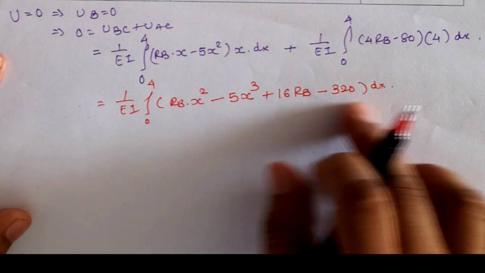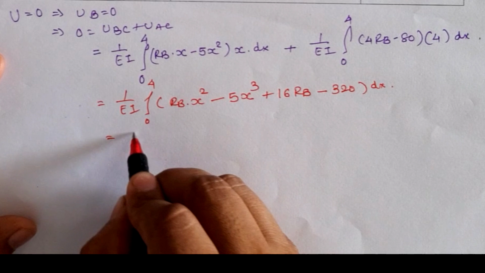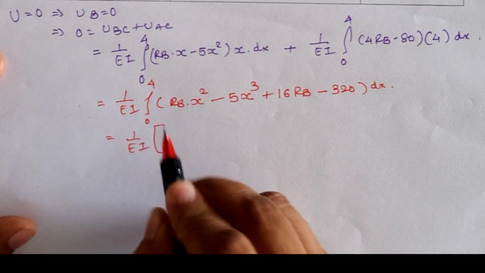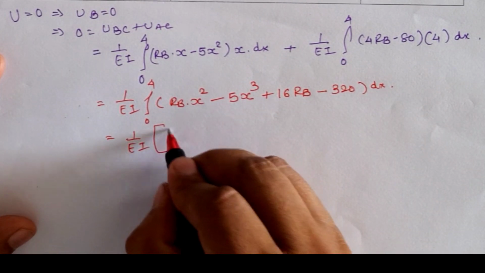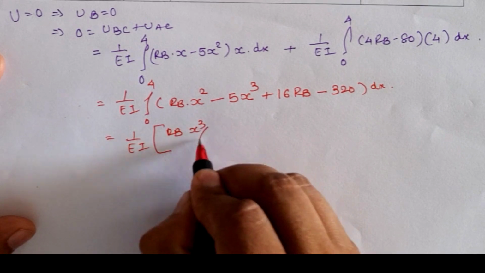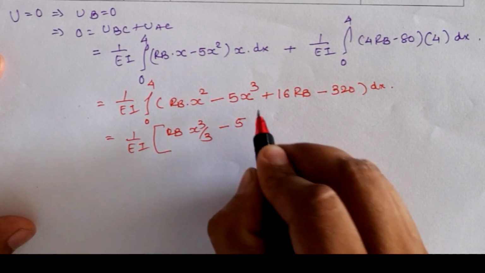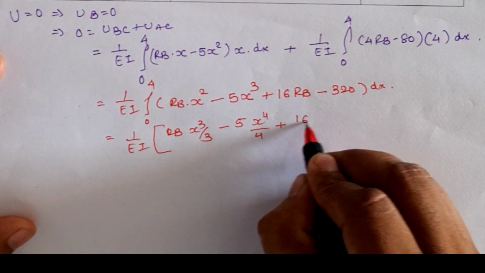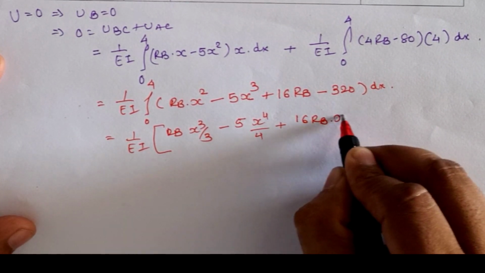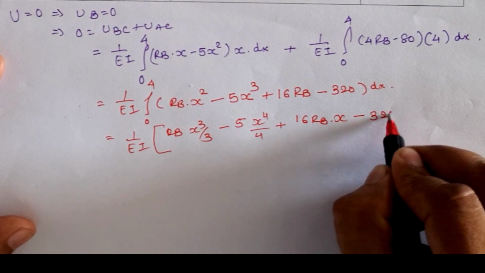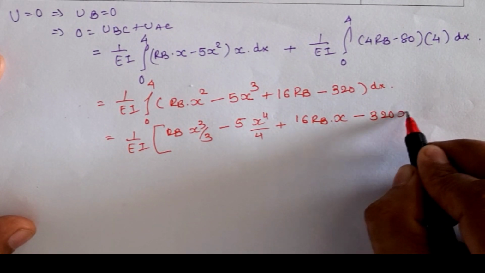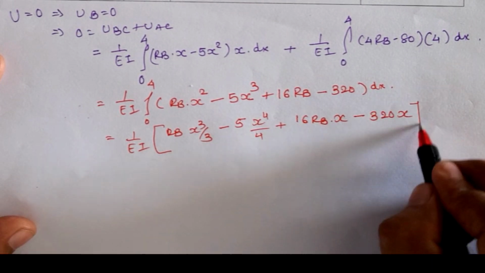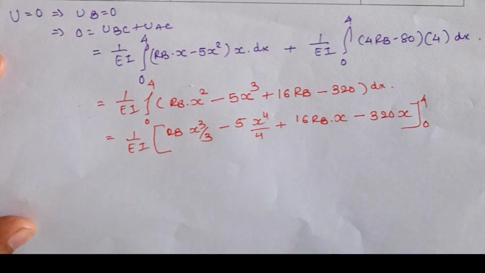Now integrating this term with respect to dx, we have RB into x square dx as RB x cube by 3, minus 5 is constant, x cube dx as x raised to 4 by 4, plus 16 RB as a constant into x, minus 320 into x, and the limit is 0 to 4.